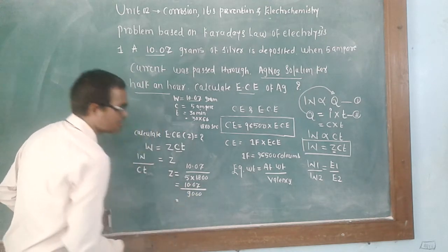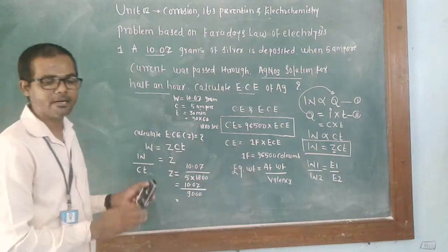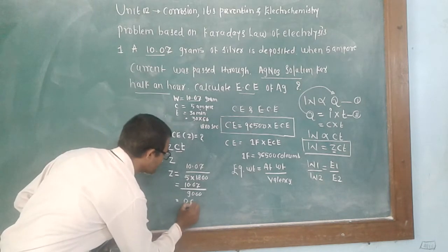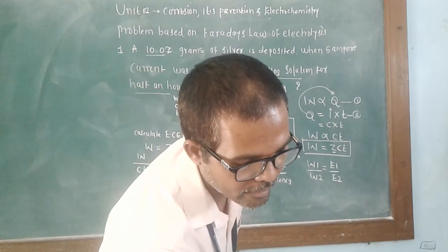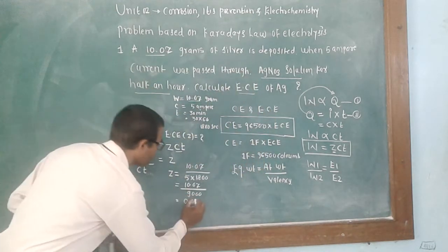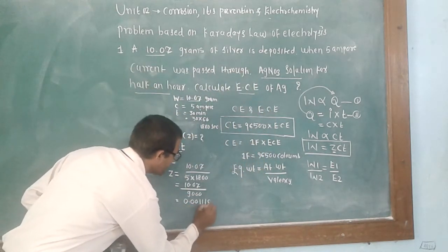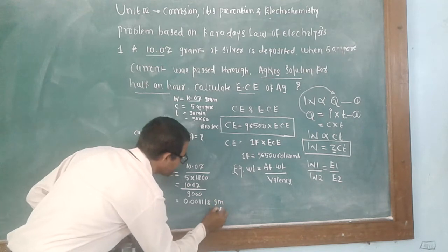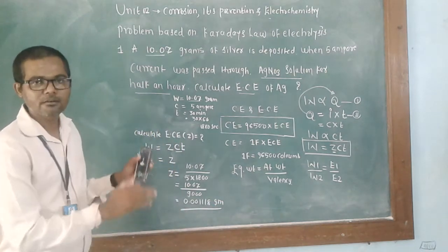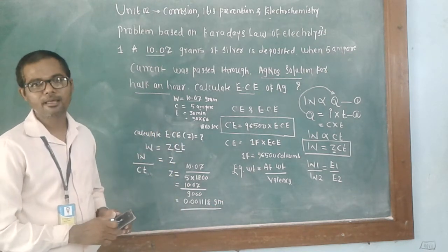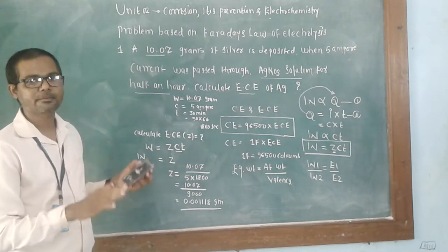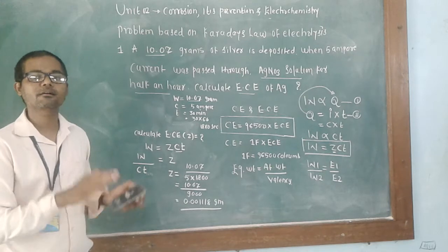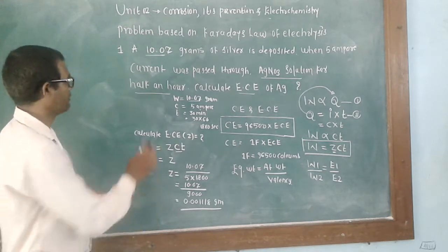When you do this calculation, you will get 0.001118 gram. This is the value for electrochemical equivalent. I hope you understand the numerical. This is a very simple problem based on Faraday's first law.